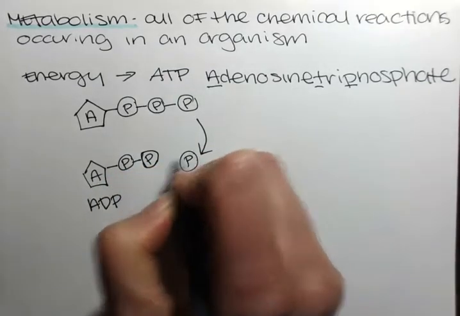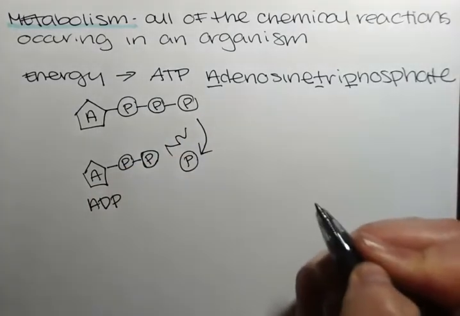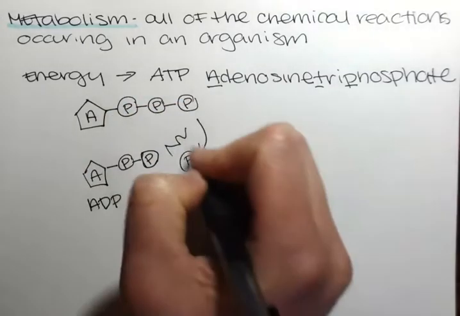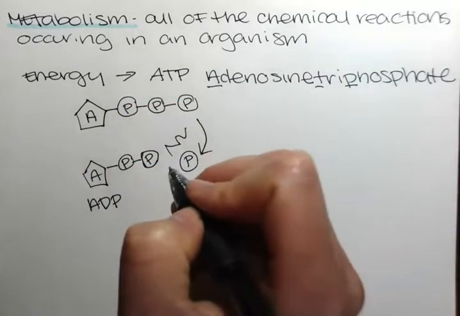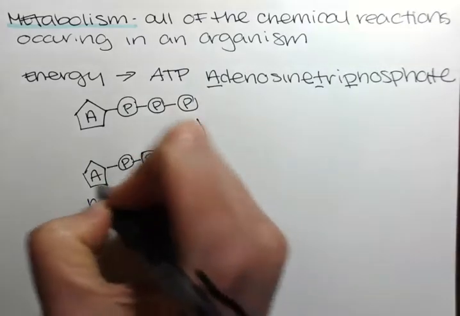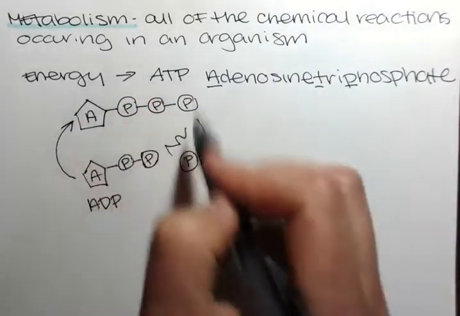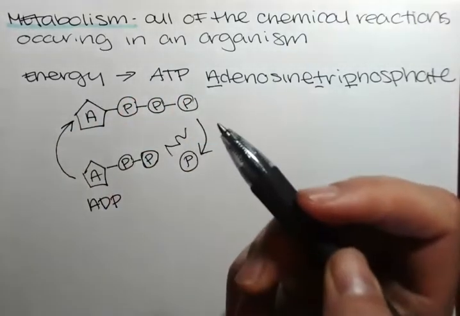That other phosphate gets plucked off. And when that bond is broken, you release energy. And you can use that energy to do stuff. Then when you have energy, you can store it back into ATP. So there's this kind of like recharging of a battery that goes on.